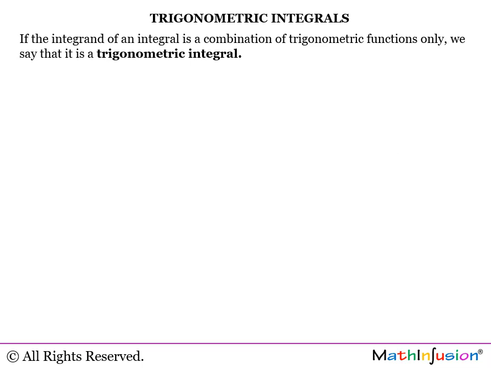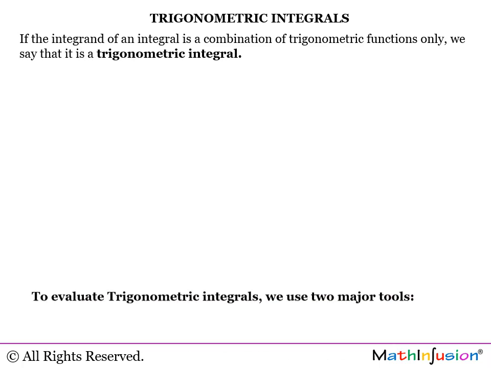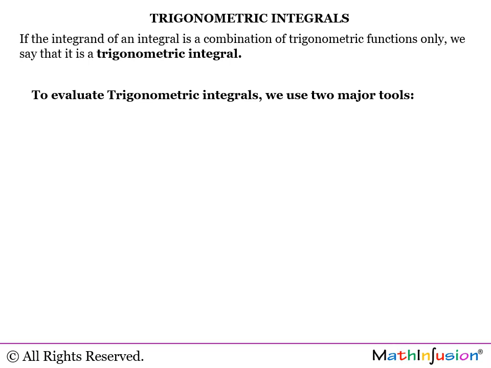If the integrand of an integral is a combination of only trigonometric functions, we say that it is a trigonometric integral. To evaluate trigonometric integrals, we have two major tools.